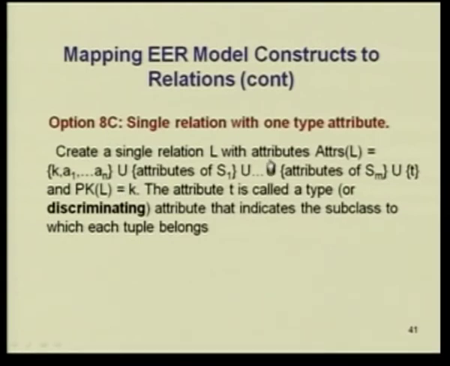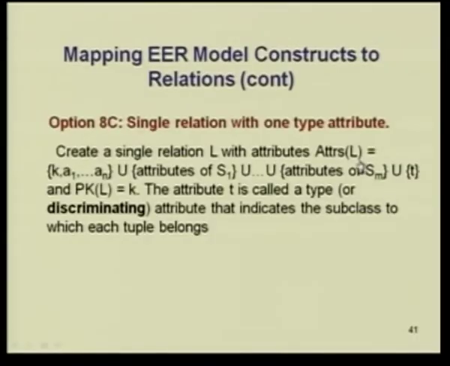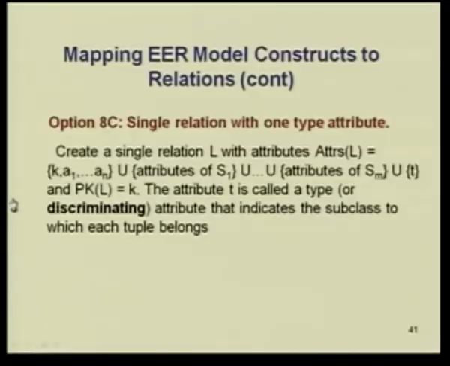Now, you have another type, a single relation with one type attribute. So, create a single relation L. In the first option we had one relation for the superclass and one for each of the subclasses. In the second option we had one for each of the subclasses. Now, we are having one relation L with all the attributes of S1 union and so on. So, however many subclasses you have, you take all those attributes, no duplicates of course, and the attributes of the superclass, and form a single relation, and the primary key will be the primary key of the superclass.